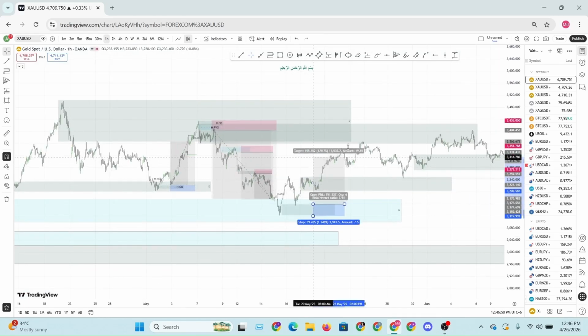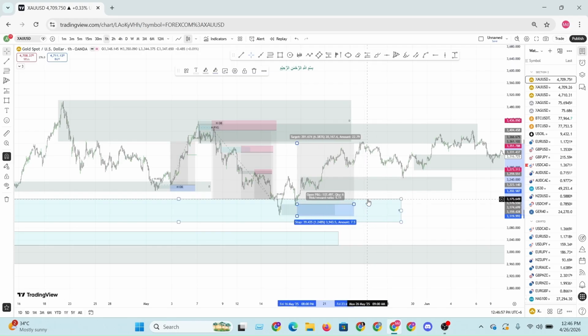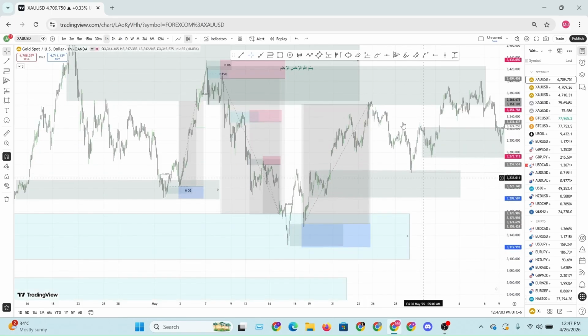Where is the order block? There is the order block. So you can see for how many days you are bullish.